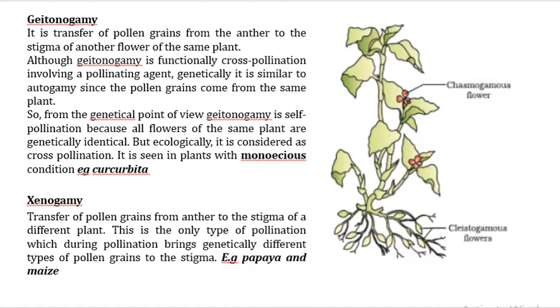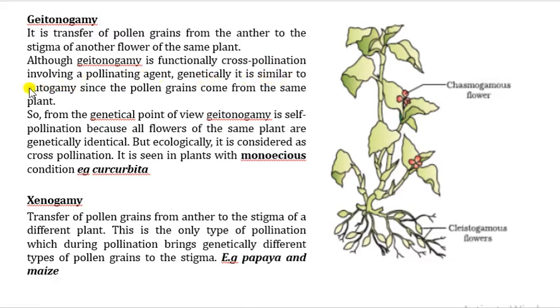Functionally, geitonogamy is cross-pollination, but genetically it is self-pollination, because the pollen grains are from the same plant. So geitonogamy is functionally cross-pollination involving a pollinating agent.